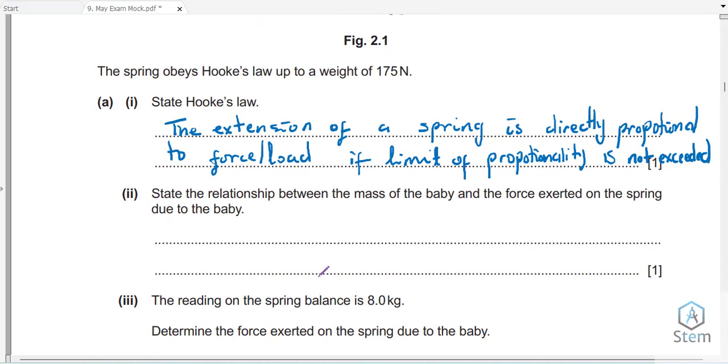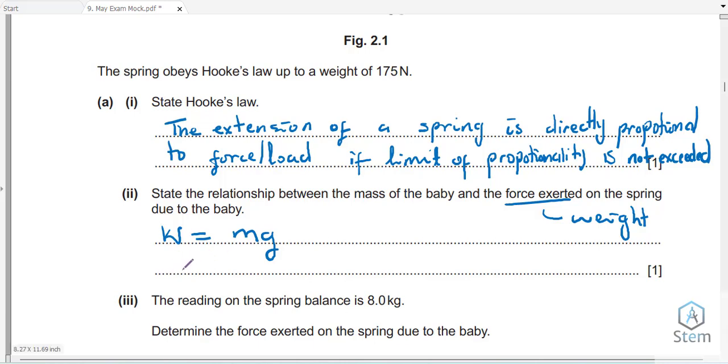State the relationship between mass of the baby and the force exerted on the spring due to the baby. The relationship between mass and the force, in this case, the force is the weight of the baby. So weight is equal to mg.